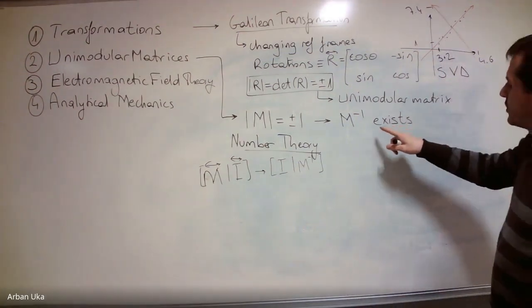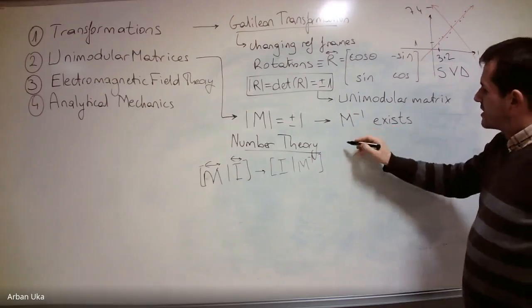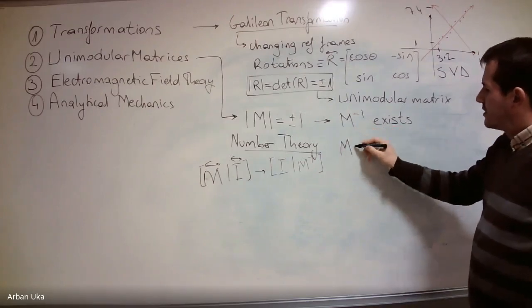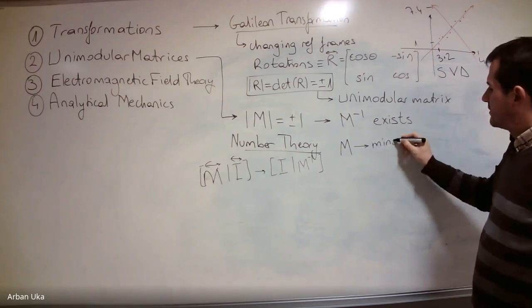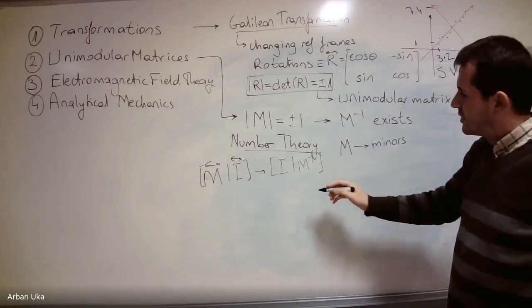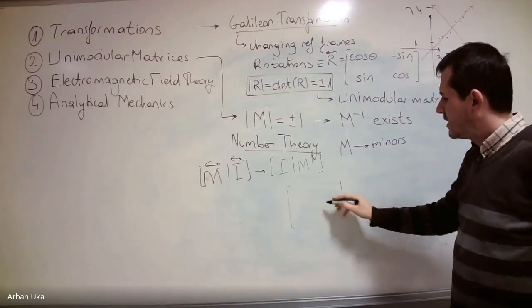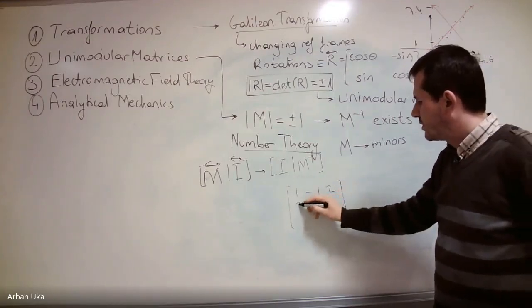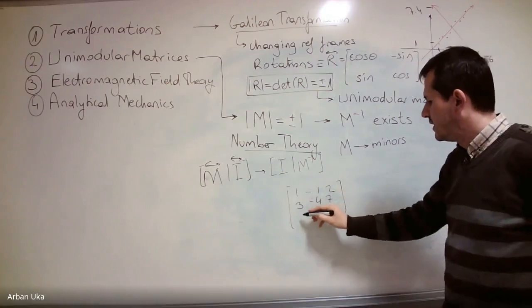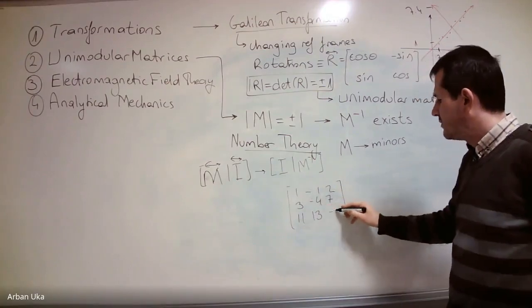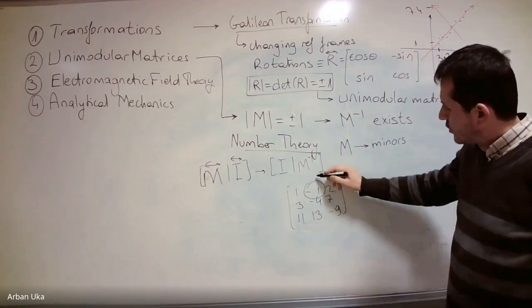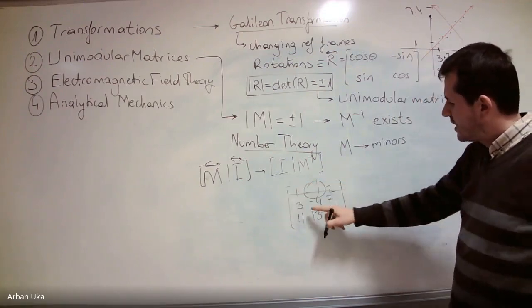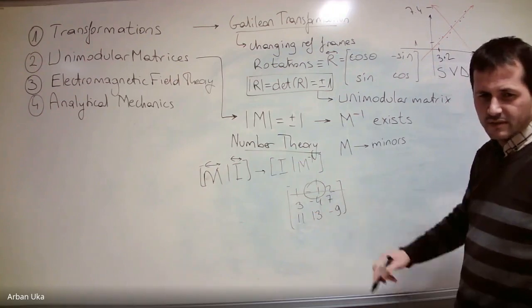Another method is the following. Given a matrix M, what were the steps? The first step is to calculate the minors. For anyone who does not remember exactly what a minor is, take a matrix like 1, minus 1, 2, 3, minus 4, 7, 11, 13, minus 9. The minor of an element is what you get by removing its row and column and finding the determinant of what remains.